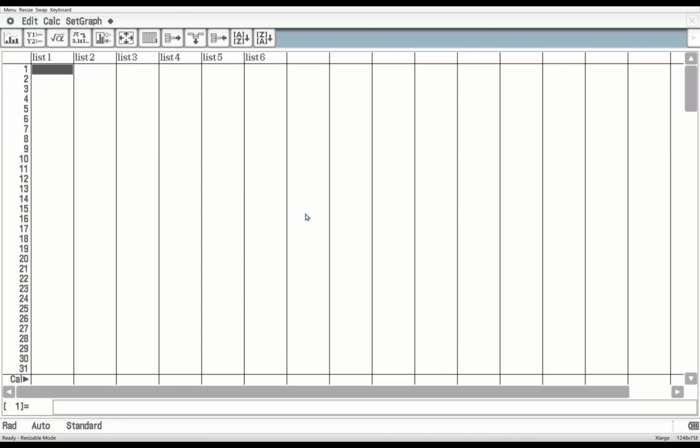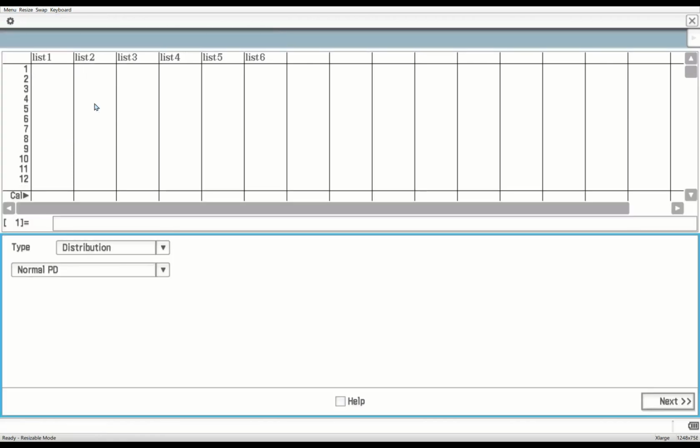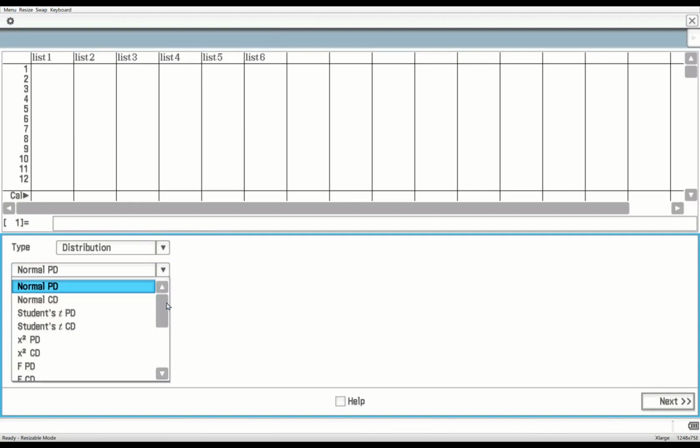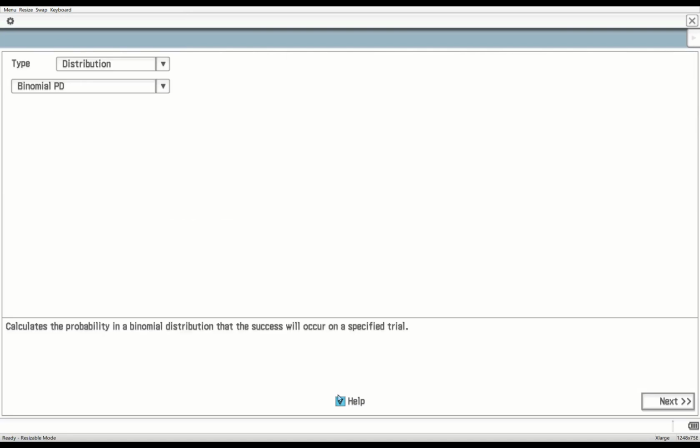Once you've done that, in your statistics window, there's a calc option, select that, and then distribution. Leave type as distribution, that's fine, but scroll down and make sure you get binomial PD. Hit next. If you need to, you can select help, and it will tell you what these individual options are, which I think is quite nice, but we'll go to next.